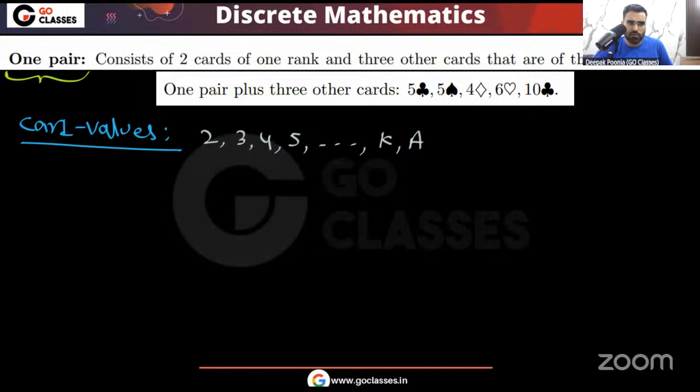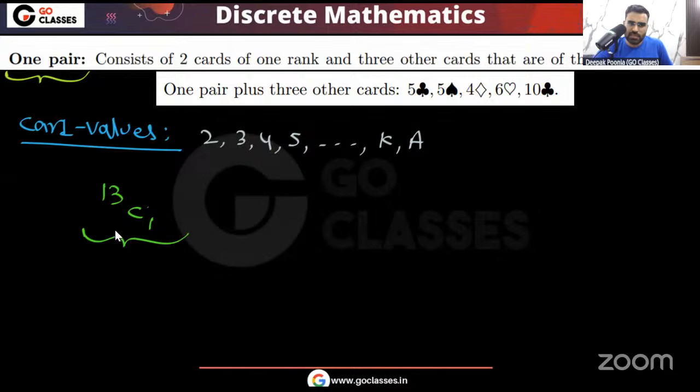Now you can see we want one pair. One pair means two cards of the same value. So first we need to decide which value will have two cards, correct? There are total 13 values. From them you choose one value, and for that value, we will have two cards.